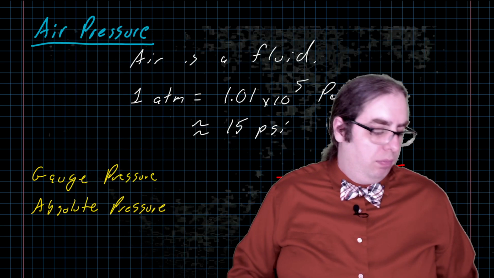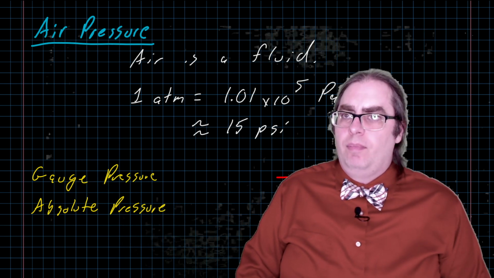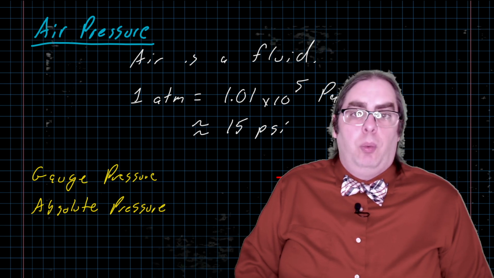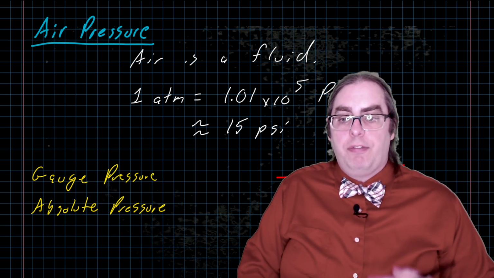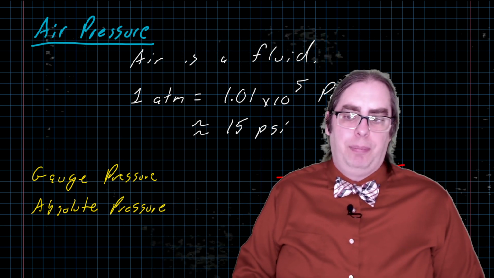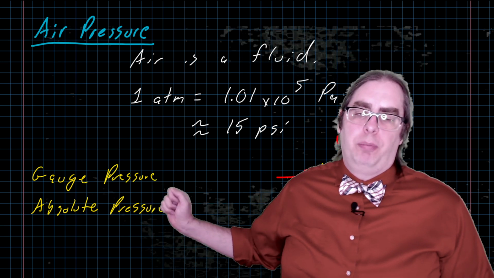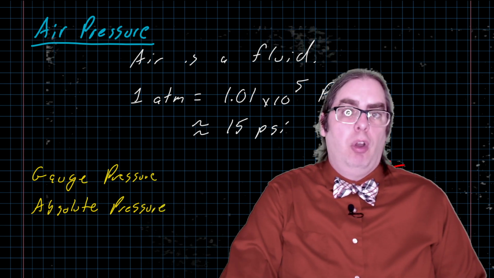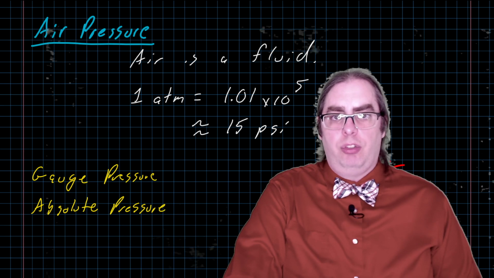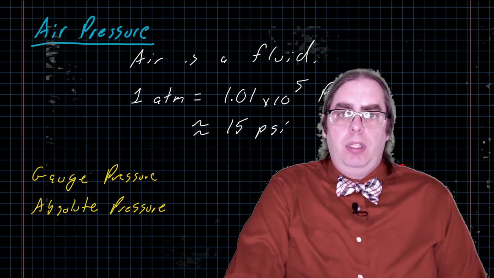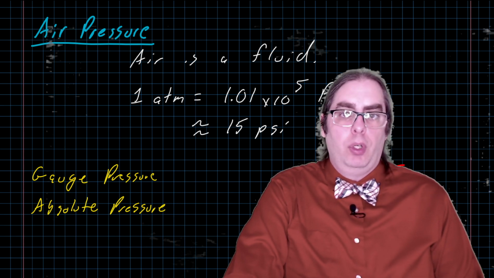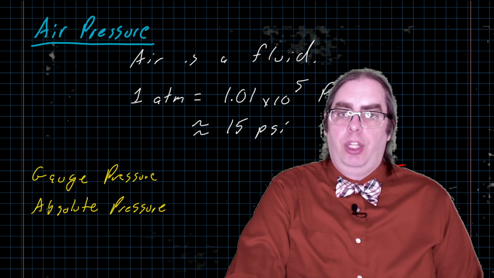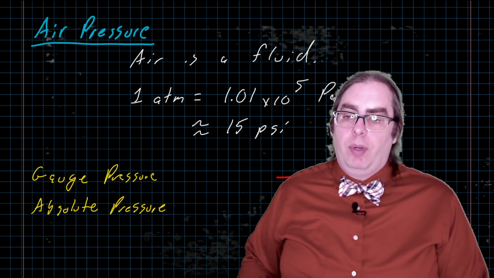And either way, failure of the container depends on the difference between the outside and inside pressure, which is why a relative pressure or a gauge pressure is very often useful in industry. But not always. There are times when the absolute pressure is more important.